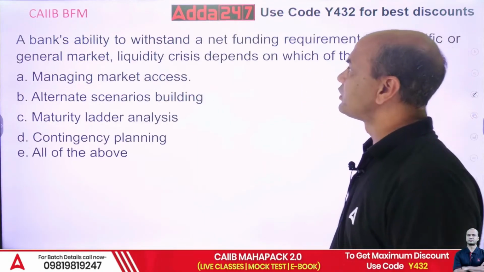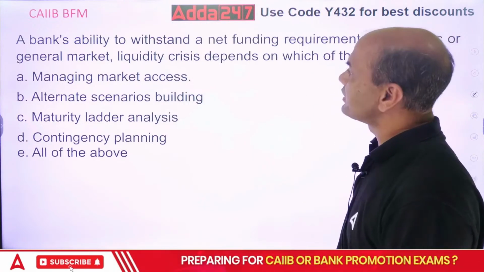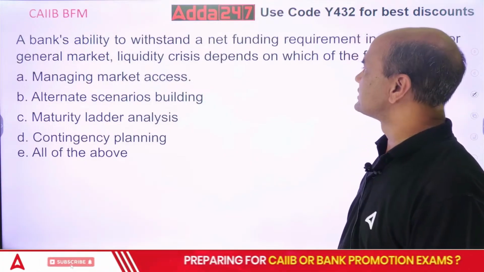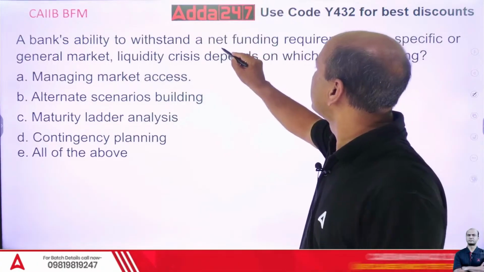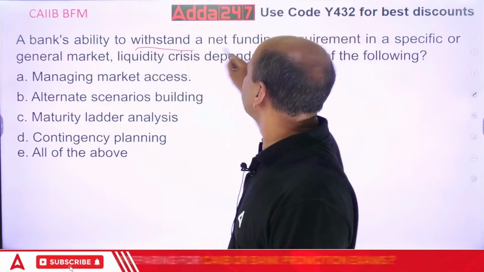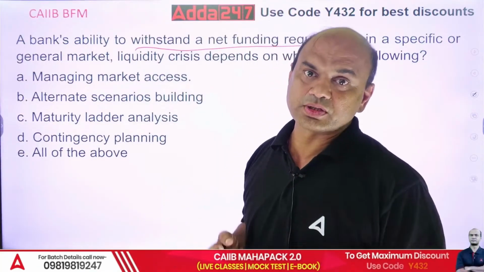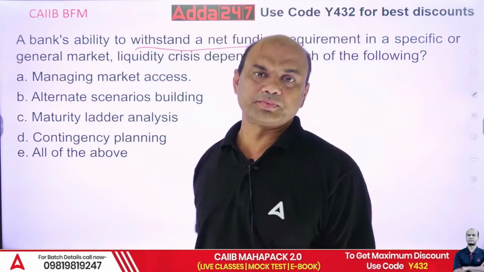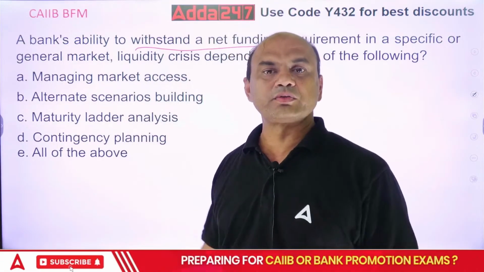A bank's ability to withstand a net funding requirement in a specific or general market liquidity crisis depends on which of the following? Withstanding a net funding requirement means I want to have sufficient funds so that if there is any urgent problem, I should be able to solve it and give the funds. Depends on what?